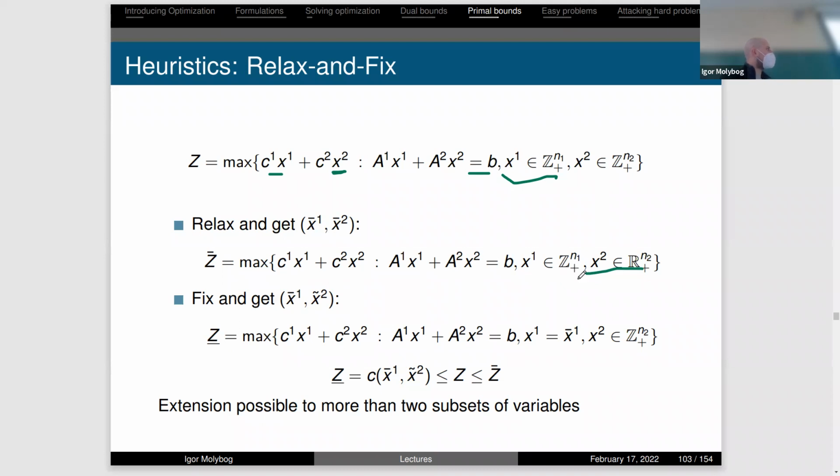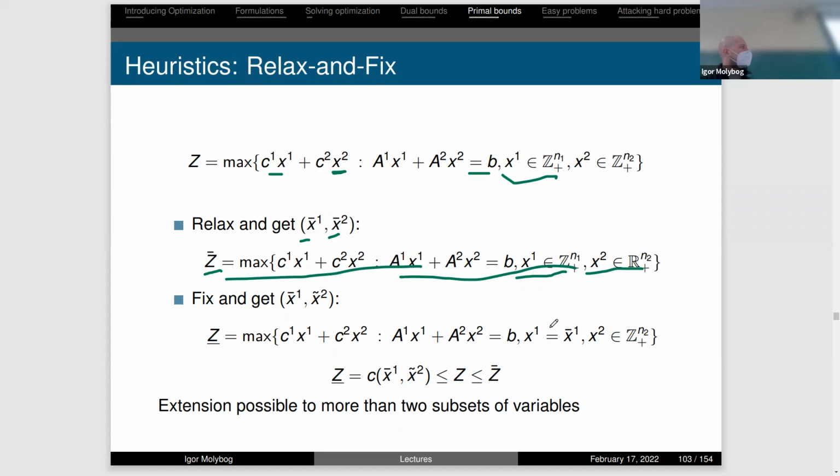With a smaller number of integral variables, you might be able to get the solution x1 bar, x2 bar, and its value z bar, which is a solution to a relaxation.